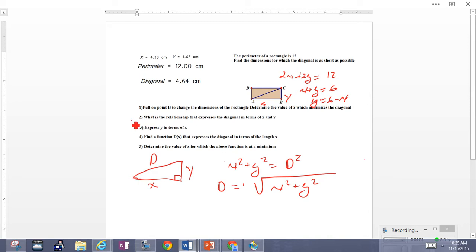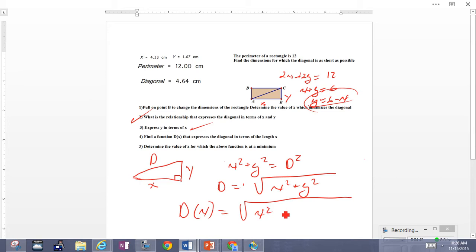Now, that takes care of number 2, where we've taken the relationship that expresses the diagonal in terms of x and y, but we want to express y in terms of x, so we bring in y equals 6 minus x. So we need a function for the diagonal in terms of x, which means we need to replace this y with 6 minus x.